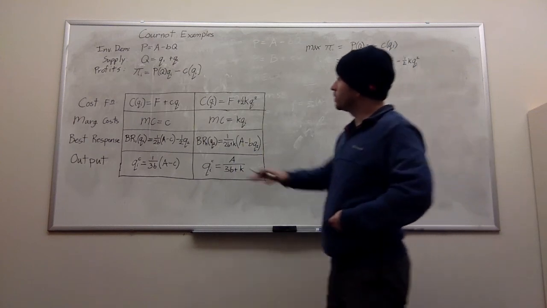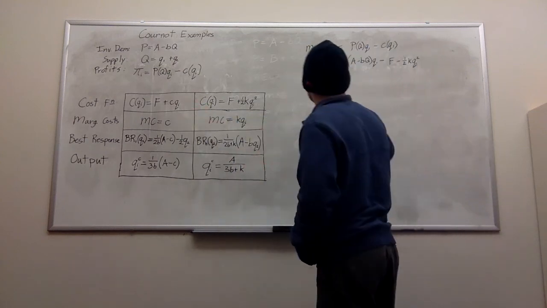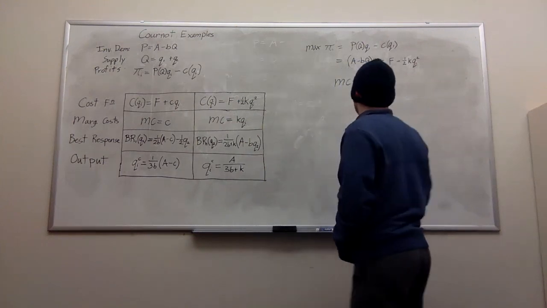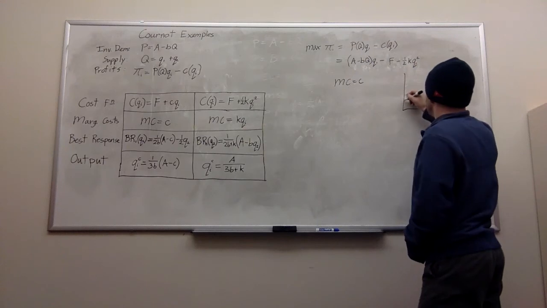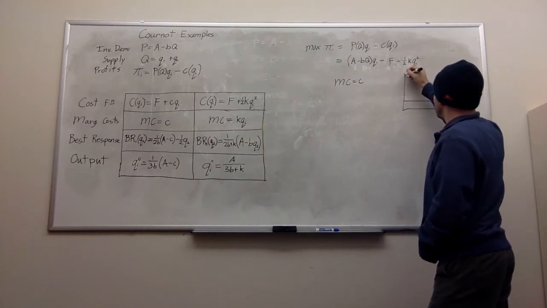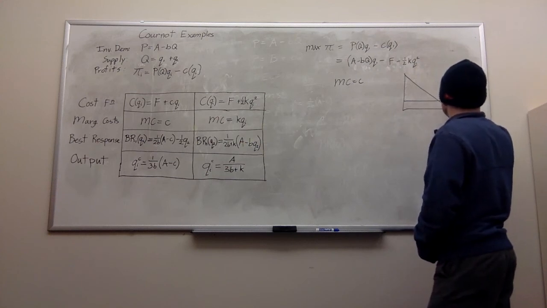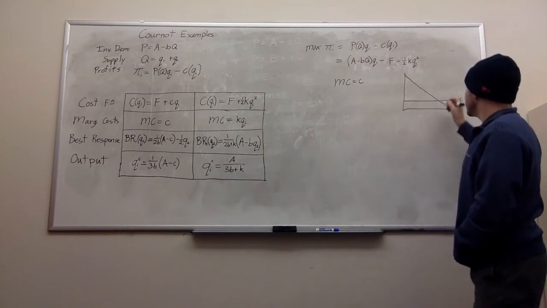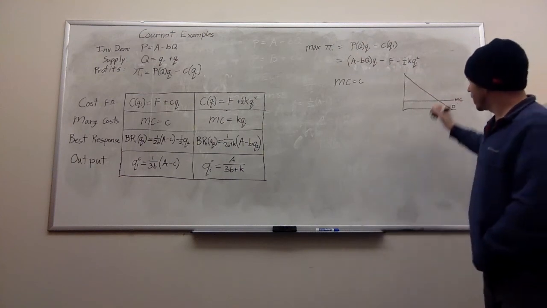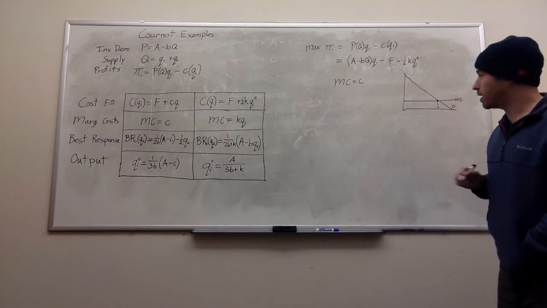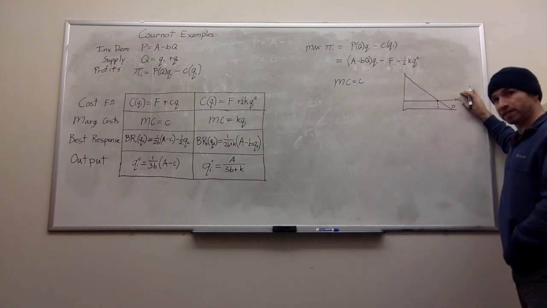We'll just use this case here where marginal cost is equal to C. What I know is that this is the marginal cost curve, which are the marginal social costs, and this is the demand curve, which is that inverse demand right there. It is very easy for me to find this socially efficient outcome. This marginal cost in the absence of any externalities is the marginal social cost.